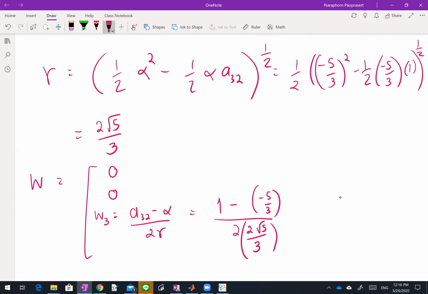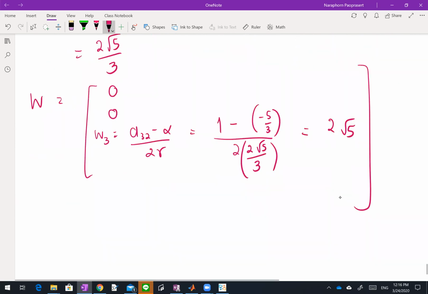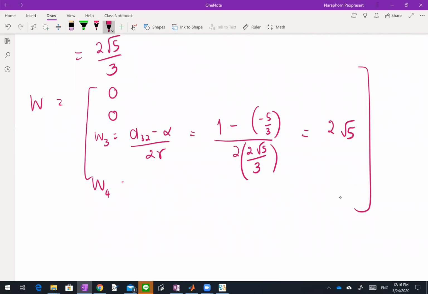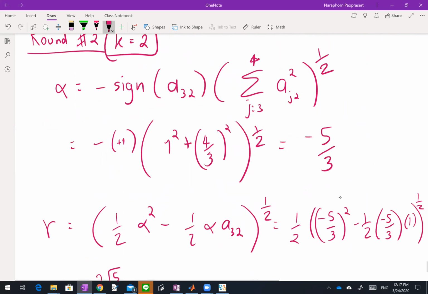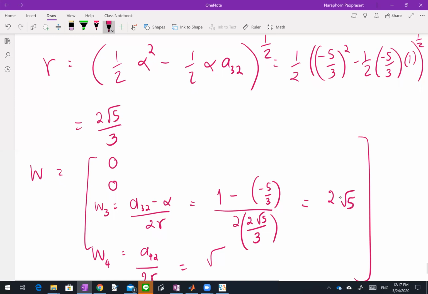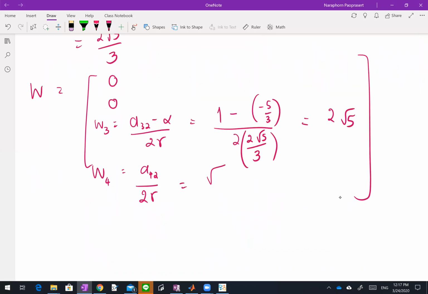And the last, W4, is just A42 divided by 2R. A42 is just 4 third. So this is 4 third divided by 2 times R, which is 2 root 5 over 3. So what I have is root 5 over 5.